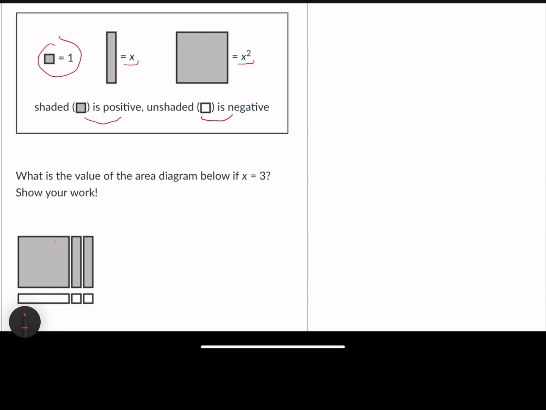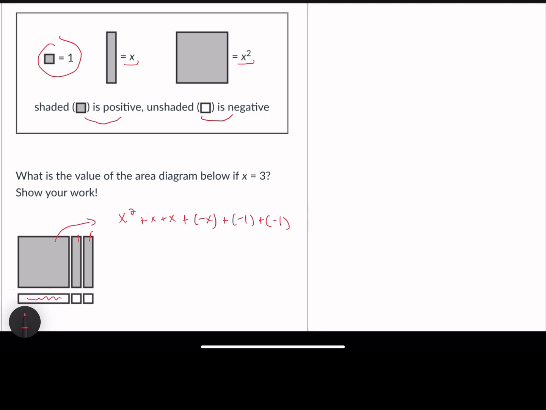So what we have here is x squared, and then plus 1x plus another x. And then finally, plus this minus x from here. And then plus minus 1 plus minus 1.